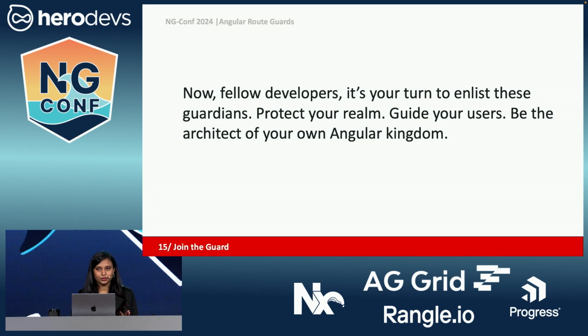You have the power to shape the destiny of your application, to make it a place where users can explore with confidence, knowing that they are guided and protected at every turn. So let's step up and be part of the guard team. Let's take control and make our Angular applications the best that we can.